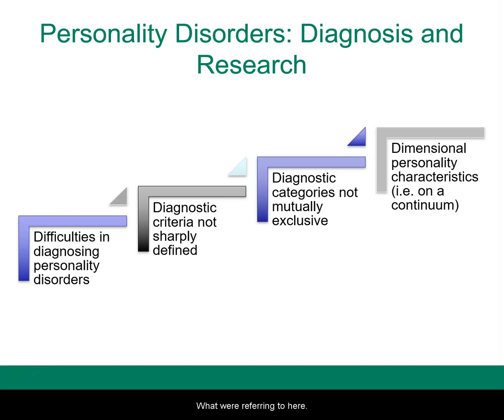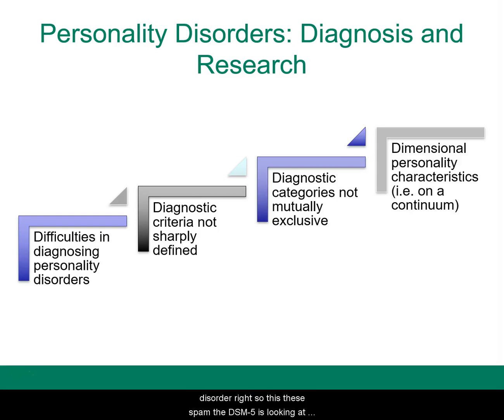So what we're referring to here is that a personality disorder can be a lower grade type of mental disorder. Okay. And so we have to be very, very careful when we're categorizing or labeling people with any kind of a disorder, right?